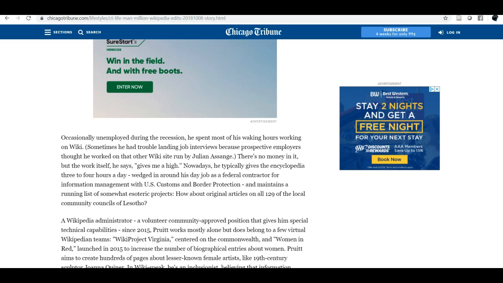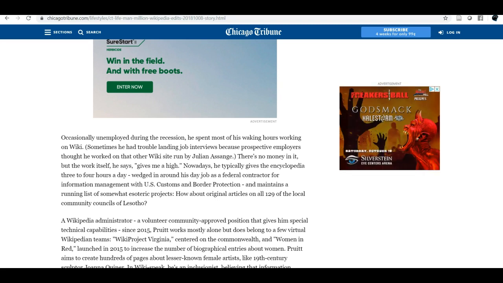Divide and conquer may be something that people can do just by editing Wikipedia, editing people's information sources, and creating chains, creating lines of information that are so divided.